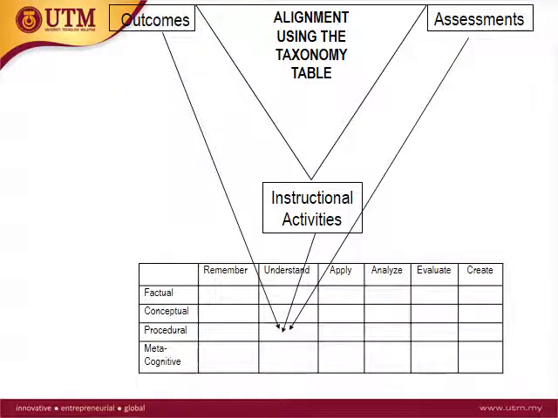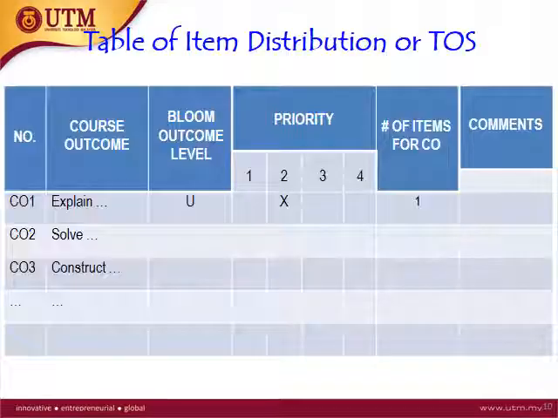So we already know that the key to creating effective questions is constructive alignment. The taxonomy table allows us to categorize learning or assessment in one or more cells as shown in the figure. From there we can now create a table of item distribution or the table of specification, sometimes also called the test blueprint.